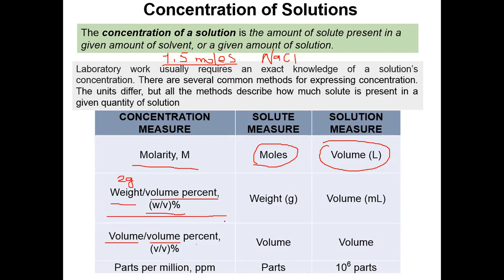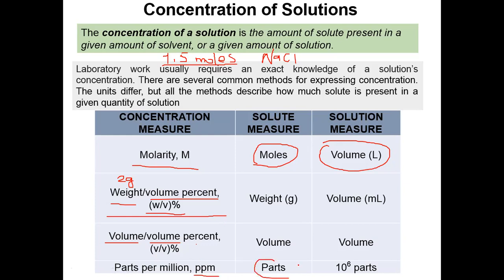What it means is that if we mix two different solutions, say ethanol and water, and we take 3 milliliters of ethanol and dissolve it in 100 milliliters of water, then we can find the volume percent concentration. One more is parts per million, or ppm.